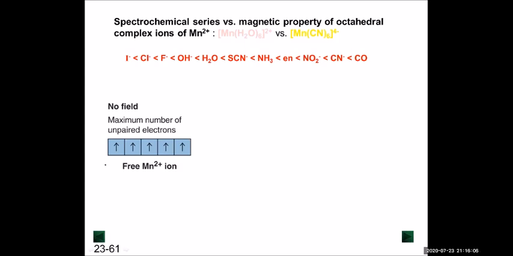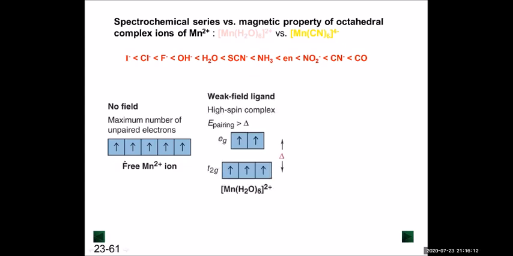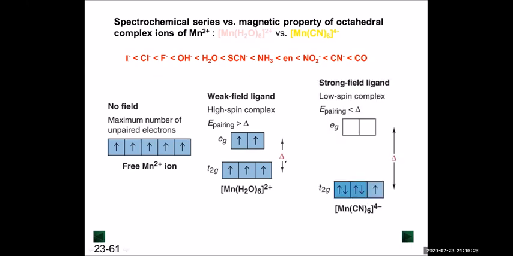But this is free, no ligand bound, no complex ion. With complex ligands, it will cause an orbital split. With water molecules, it causes a smaller split because water is a weak field ligand. And if you get a cyanide, this is a typical strong field, you get a bigger gap.